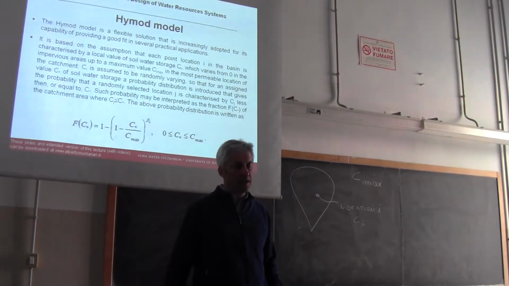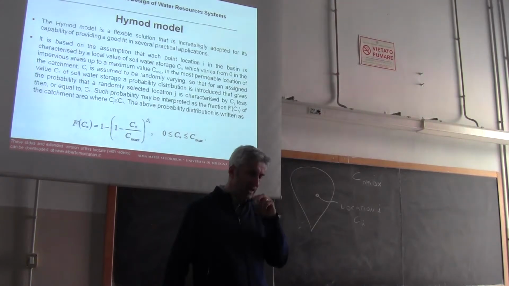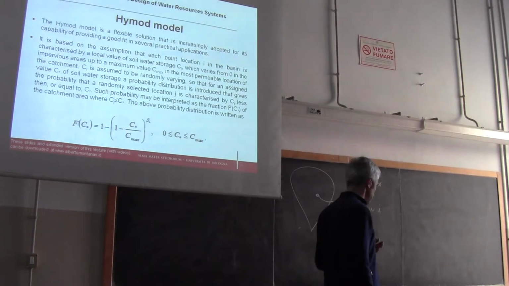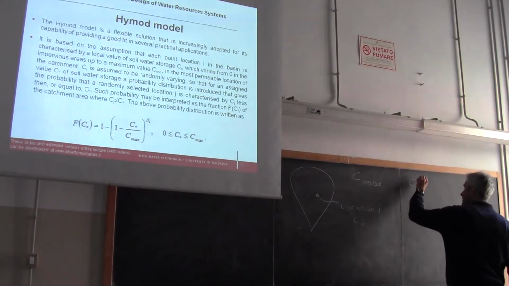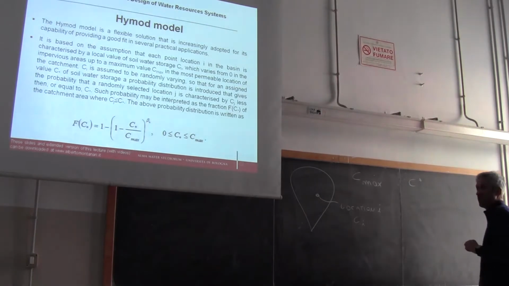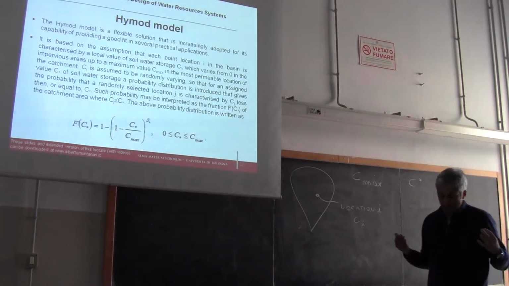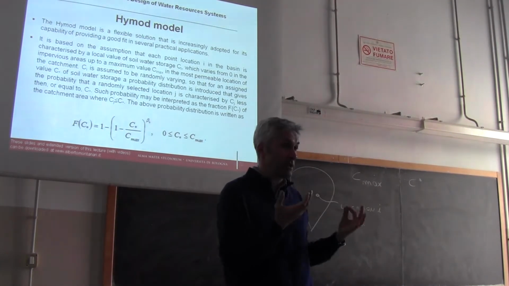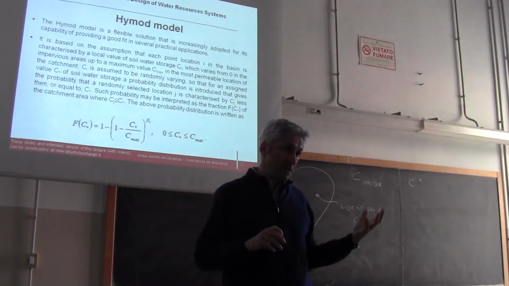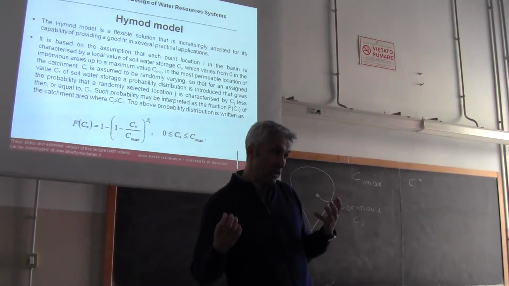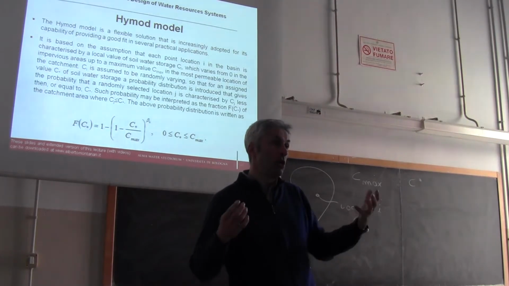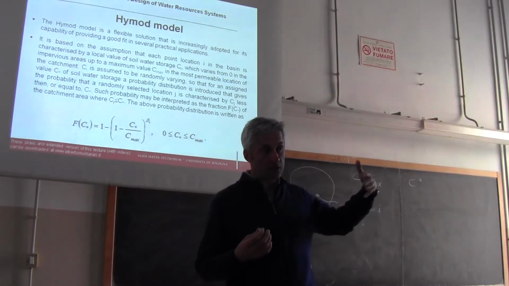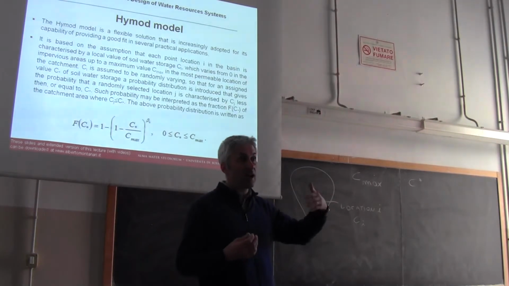But we can estimate in some way, for a given value of storage C star, we can understand that if we fix that value of storage, there might be locations in the catchment where potential storage is lower than C star, and other locations where potential storage is higher than C star.